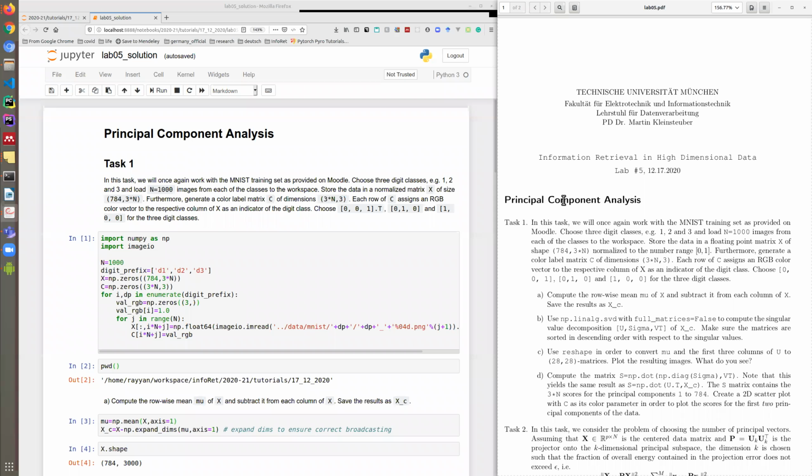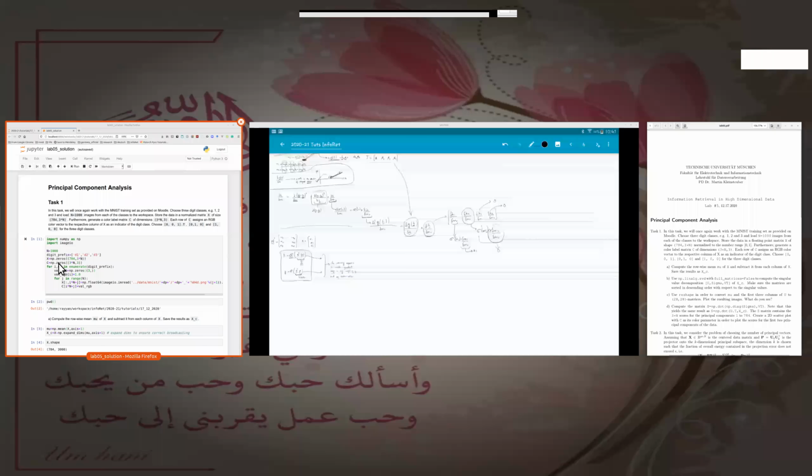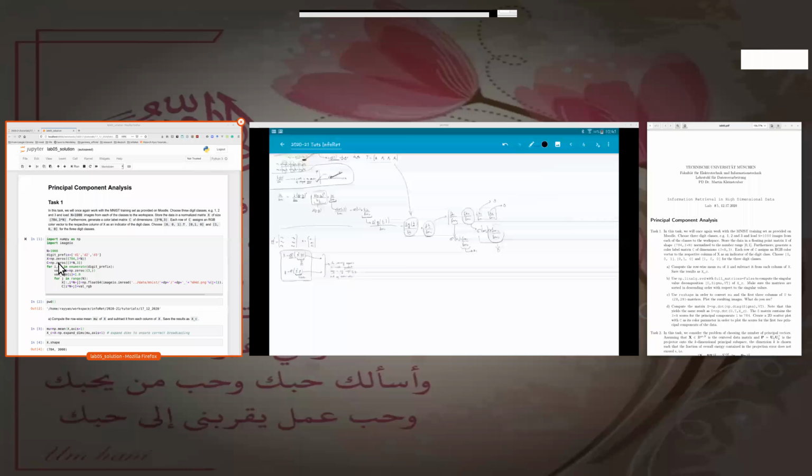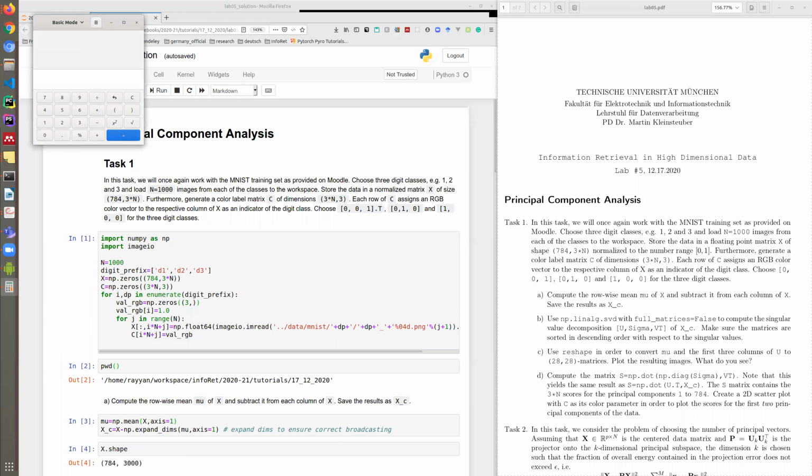Store the data in a floating point matrix X of shape 784 by 3n. So why 3n? Because we have n equal to 1000 and we want to have three classes. And why 784? If we multiply 28 by 28, it is 784.